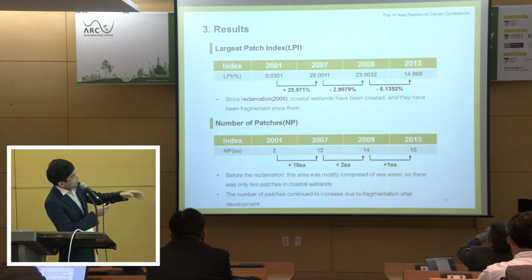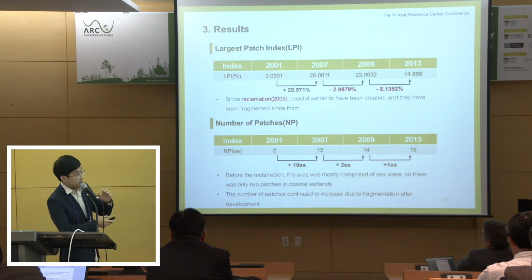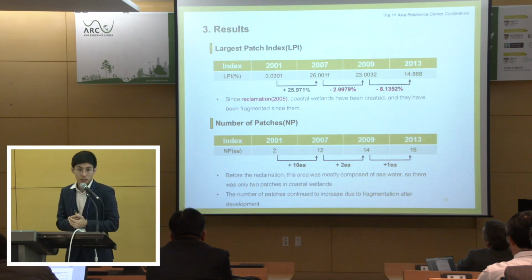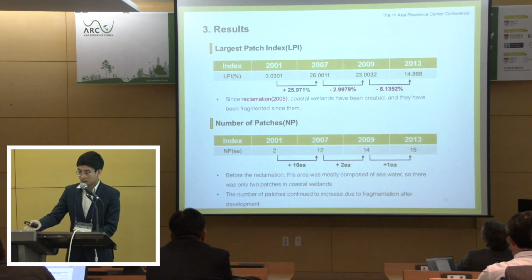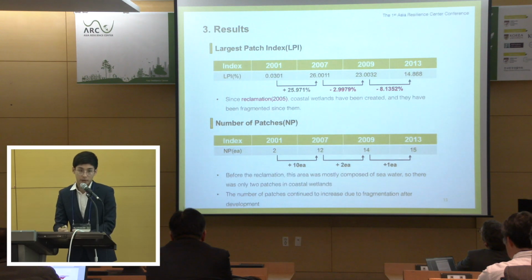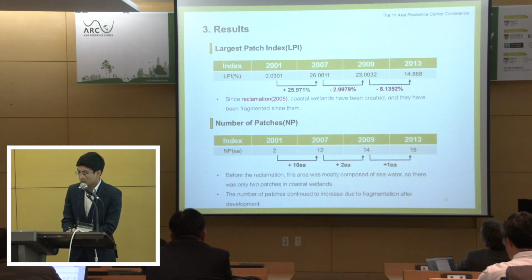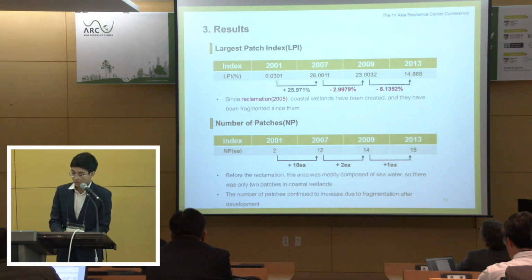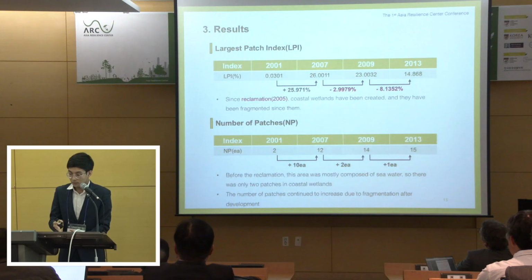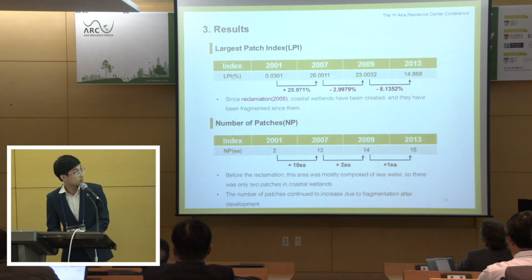Before reclamation in 2005, the largest patch index is very small. After 2007, the largest patch index decreased continuously. This means this area has been fragmented after 2007.